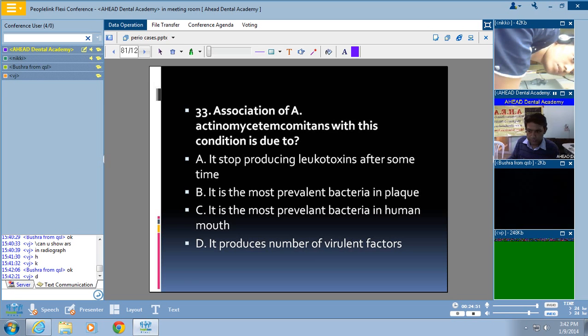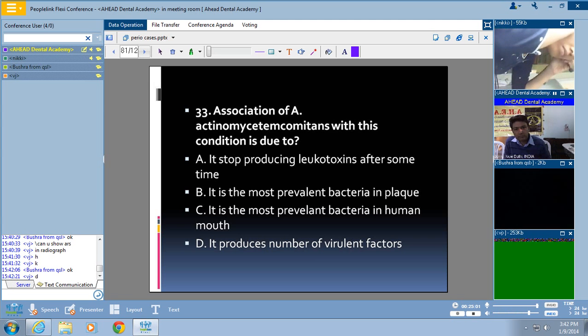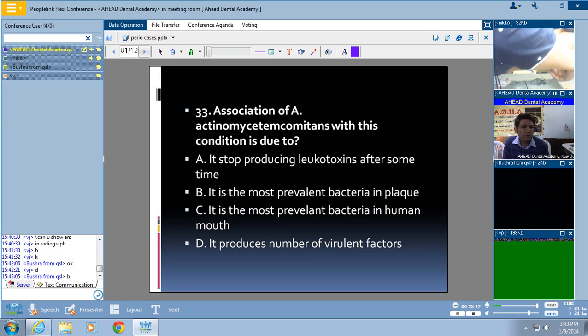Association of AA with this condition is due to... I think there's some problem with option A. It should be that it produces leukotoxins, not stops after some time. Anyway, that's a great hint. Option B: it is the most prevalent bacteria in plaque. Do you think AA is the most prevalent bacteria in plaque?